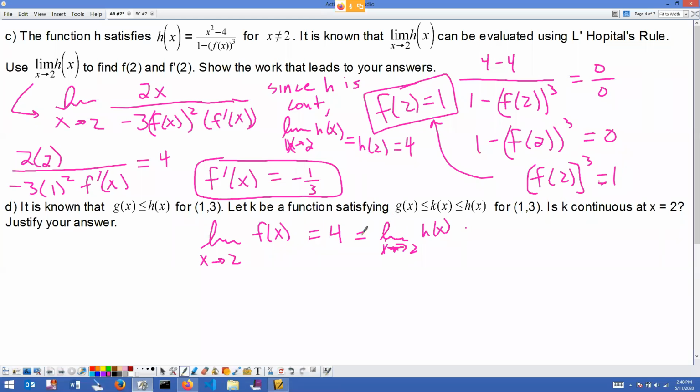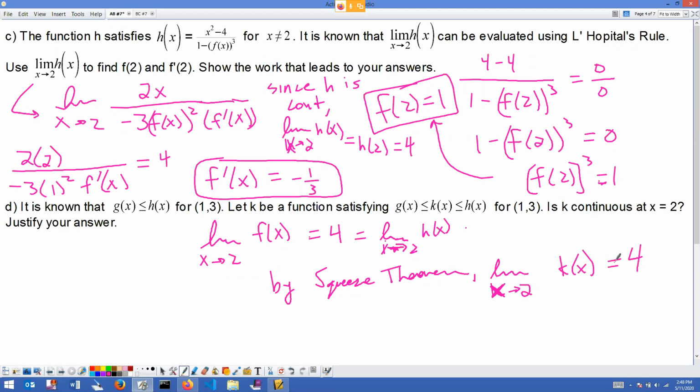And so that tells us that by the squeeze theorem, or by the sandwich theorem, we'll write it out, by the squeeze theorem, the limit as x approaches 2 of k of x is also equal to 4.